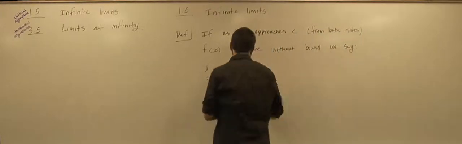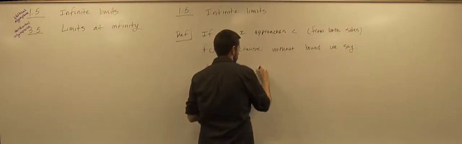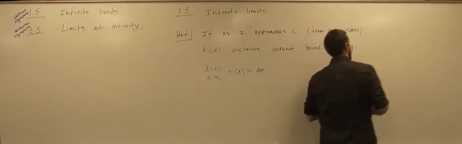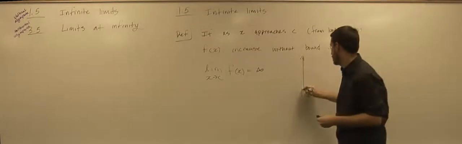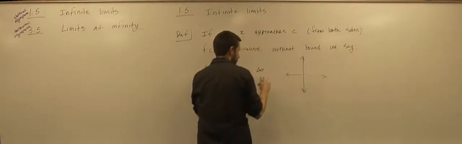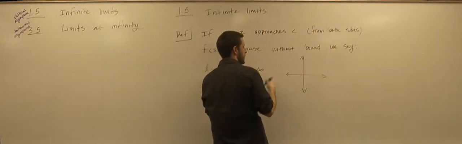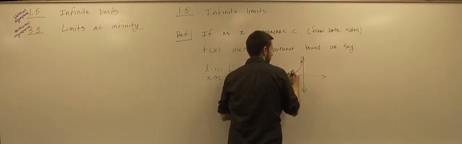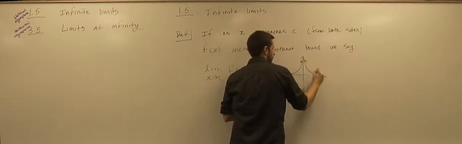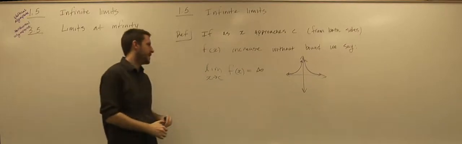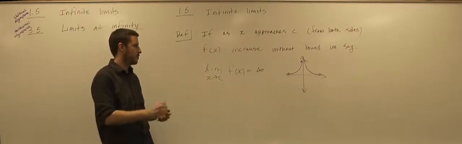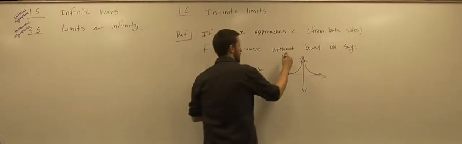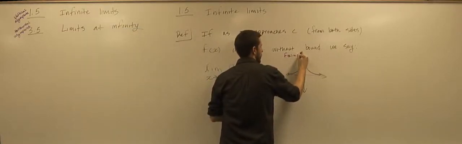So for example, just a quick example so you understand what I'm trying to get at here. 1 over x squared, which looks like a volcano, would have an infinite limit as x goes to 0. This is f of x equals 1 over x squared.